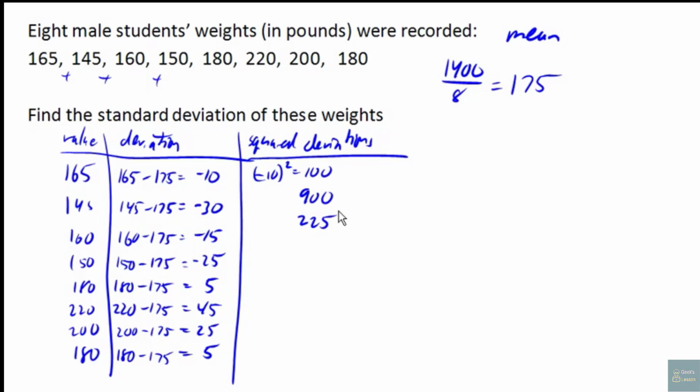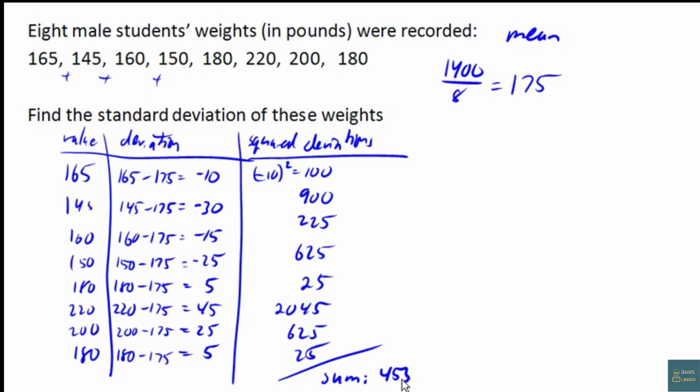Negative 25 squared is 625, and when we square it, it becomes positive. 5 squared is 25. 45 squared is 2025. 25 squared is 625, and 5 squared is 25. Now we'll add all those up, and the sum of our squared deviations is 4550.